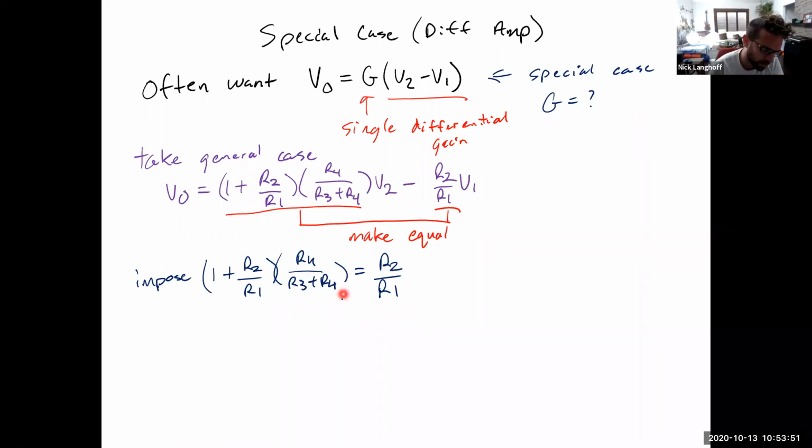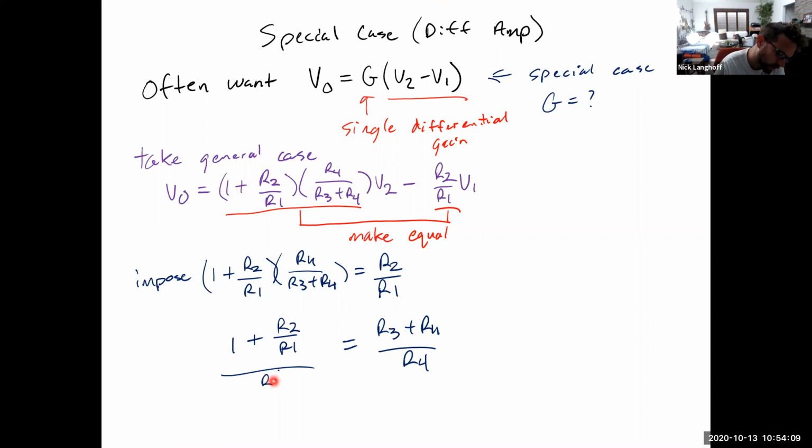So when we move that other term over, the reciprocal is R3 plus R4 over R4. And then this will be 1 plus R2 over R1 over R2 over R1. Aha.